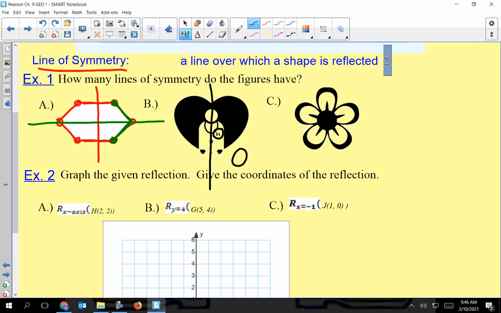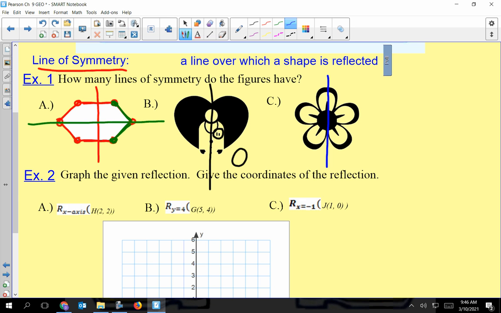All right, this next one, a flower petal or just a flower bud. I'm not really sure, but if I just look right here, if I drew a line through here like that and folded it, would it map onto itself? If you can visualize that, it will.